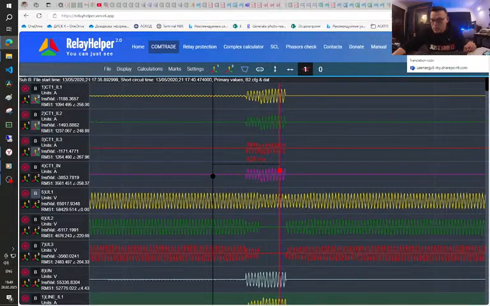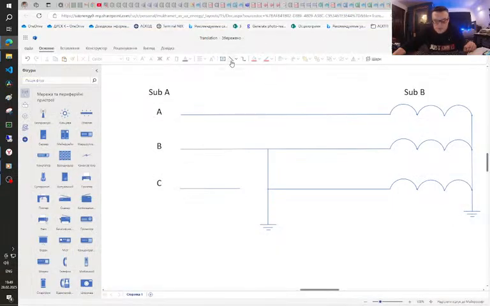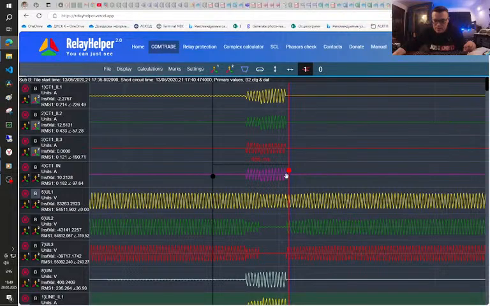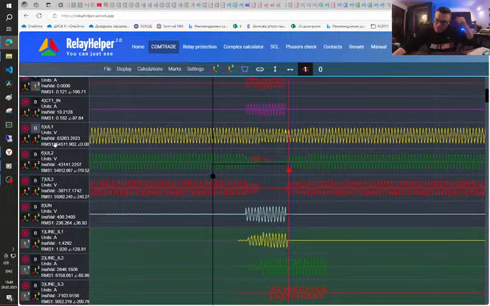So what does it mean? It means that we see something like that at this point, and here we can see the trip from the substation B side.